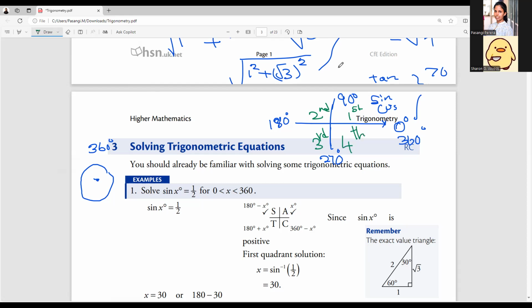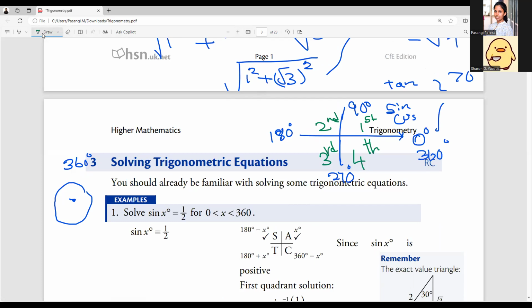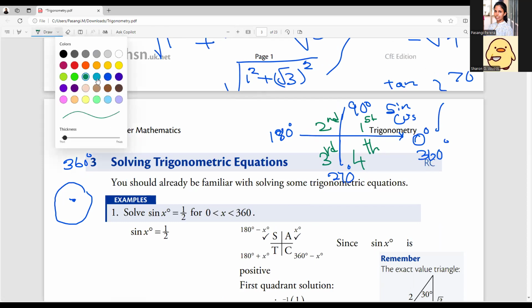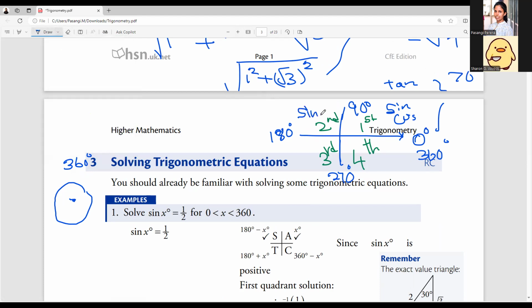Now, what will happen in the second quadrant? There only sine value will be positive, but cos and tan both are negative. In the third one, tan will be positive, that means both sine and cos will be negative.